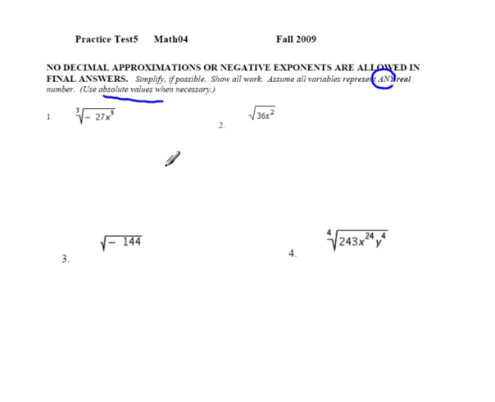Okay, so let's start. Remember, what we're trying to do is find the perfect cube for problem number 1. So the cube root of negative 27x to the 9th. Look at your list of cubes, and we know that negative 27 is a perfect cube, and x to the 9th is a perfect cube because, remember, for the variables, if their exponents are divisible by the root, the index here, then it is a perfect root.